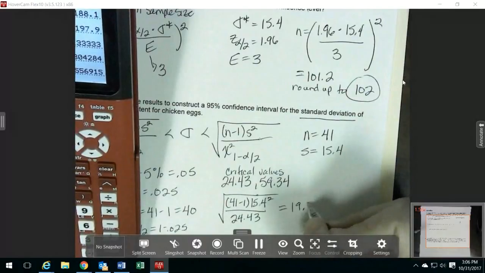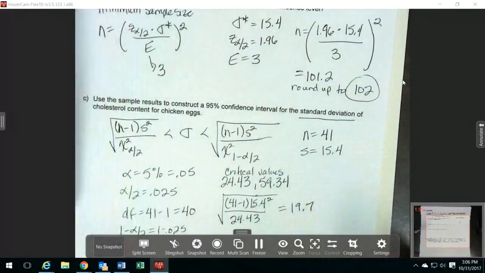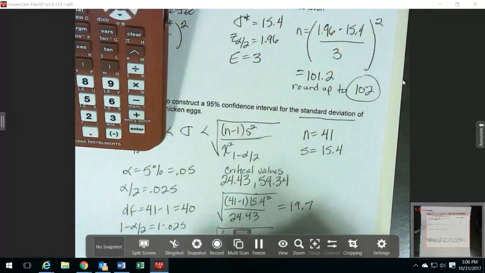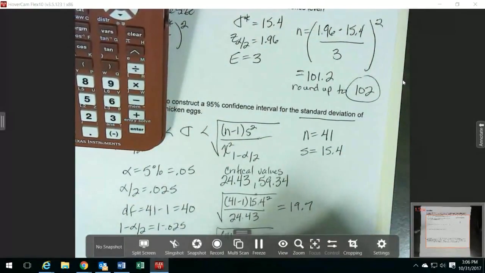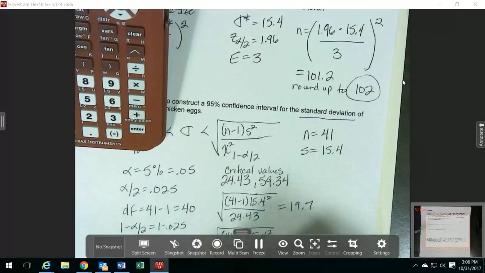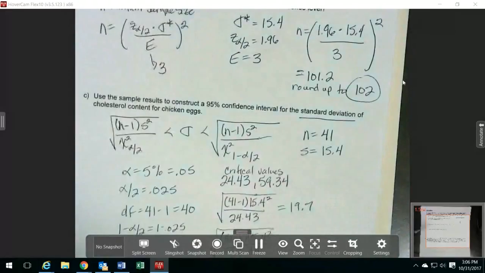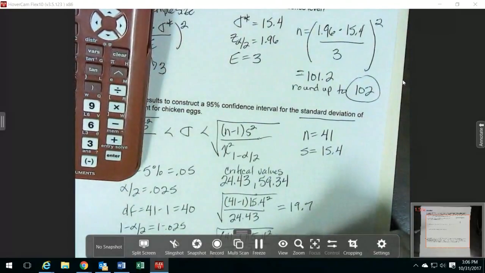That's 0.7. And then I'm going to do this one again just with a different critical value down there. So I'm using my other critical value, which was 59.34. For that one, I get 12.6.